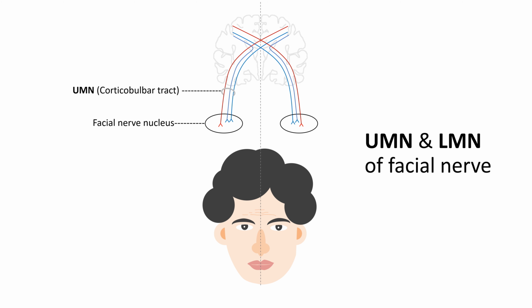Then from this nucleus another order of neurons start, which travel all the way through the facial nerve to the muscles of facial expression. These neurons form the lower motor neurons of the facial nerve.